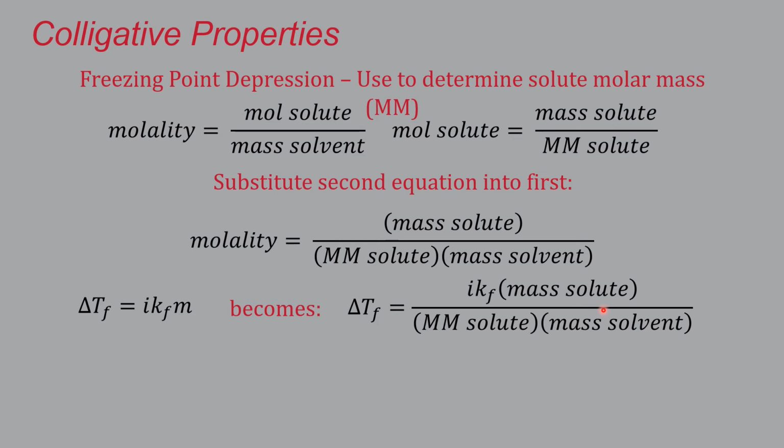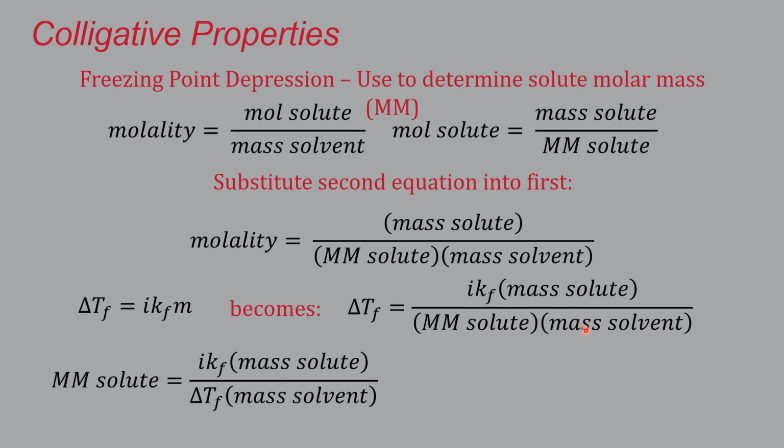And in most cases, you can determine all of these independently except for the molar mass of the solute. You measure this, you know this, you can take a stab at that, and you look up the freezing point constant and you know how much solvent you put in. So if you rearrange all of these to solve for the molar mass of the solute, you get this.